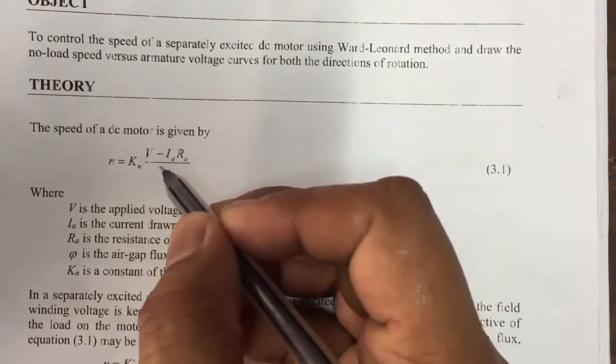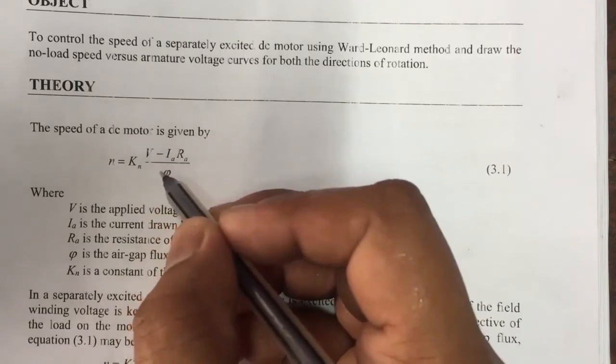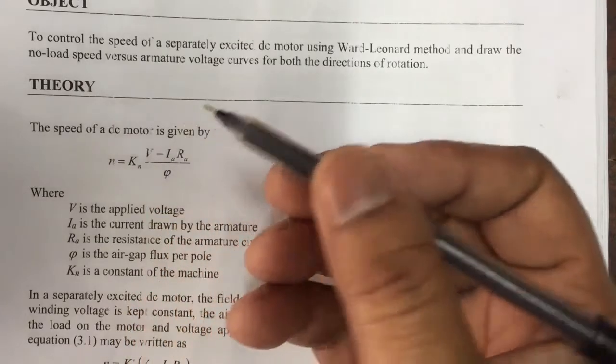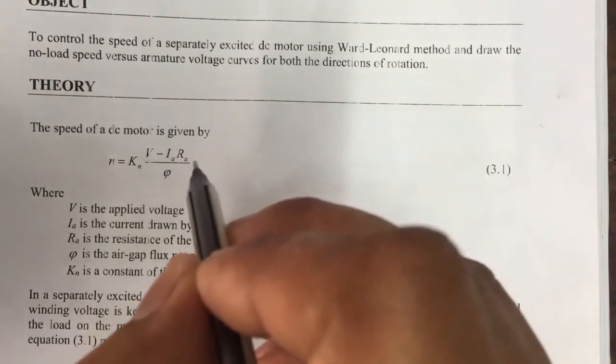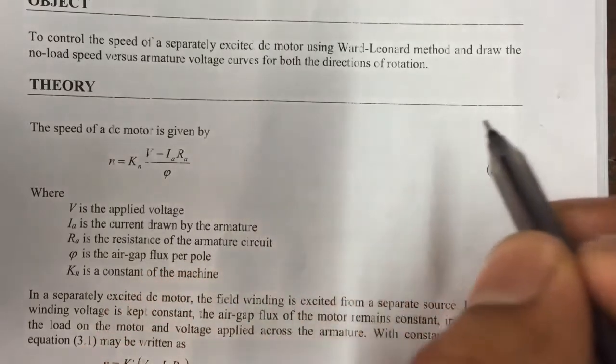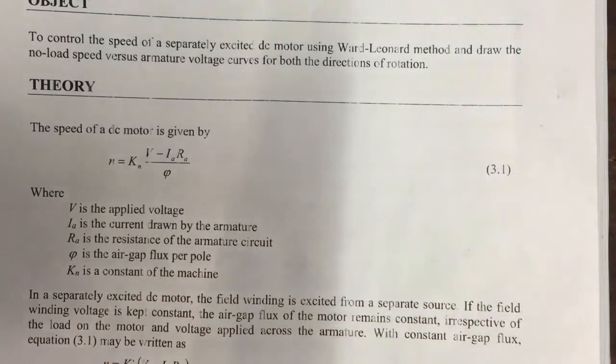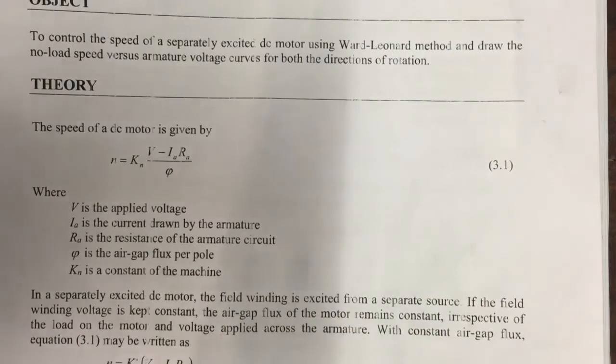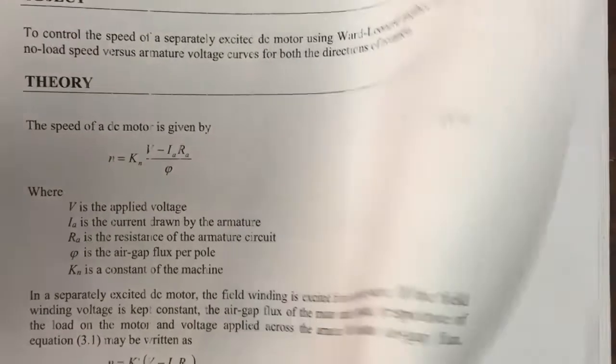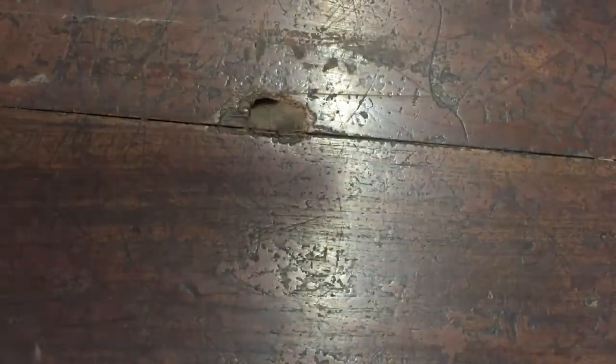So with these two ways of controlling the speed, we can control from zero to above the rated speed value. Now let us see in this experiment how we are going to control the speed.